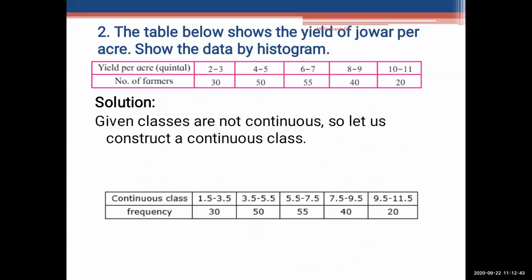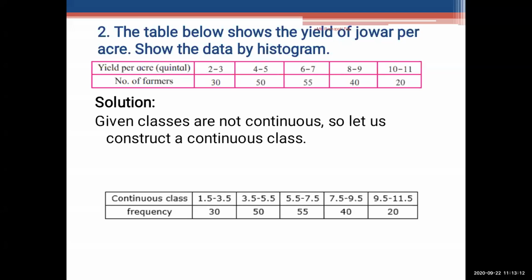So how to make it continuous? We have the gap between 3 and 4. What is the difference between 3 and 4? 1. What is the difference between 5 and 6? 1. Correct? So what we have to do, we have to divide it into two equal parts, that is 0.5 and 0.5.